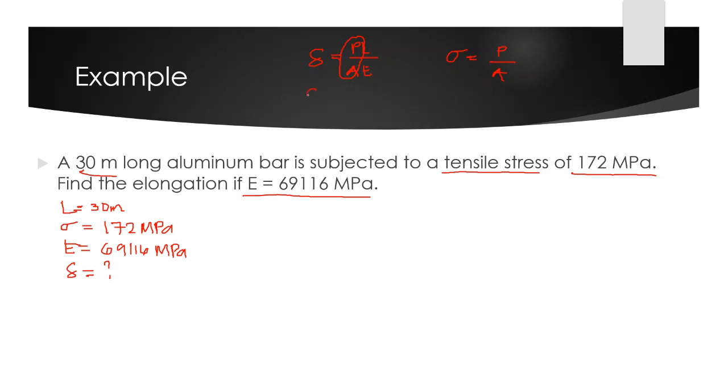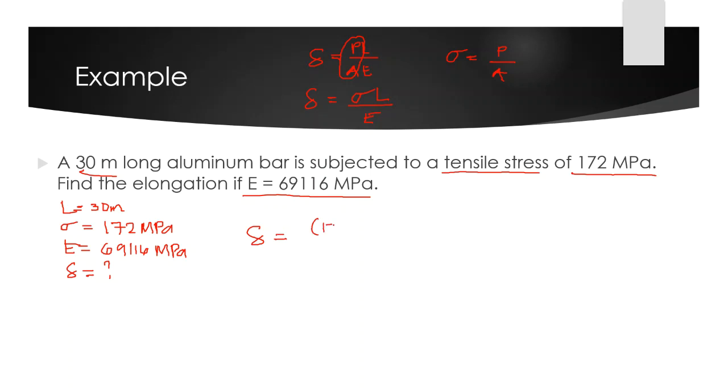So that being said, if stress is already given, you can just multiply that stress times L over E. Since we are already given the stress, we can just solve for the elongation by using the stress value.